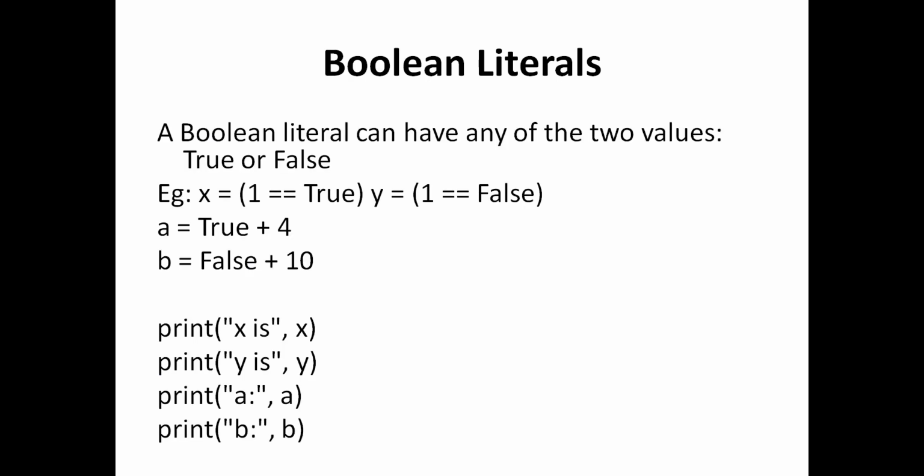Next, we'll move on to Boolean literals. Boolean literals can have either of two values, True or False. That's it. Let's try an example in our code.